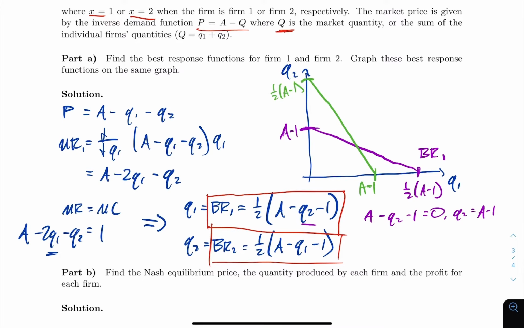Here we're going to plug in for Q2, 1/2 (A minus Q1 minus 1), and from here we'll just simplify. We have 1/2 (A minus 1) minus 1/2 times 1/2 (A minus 1).